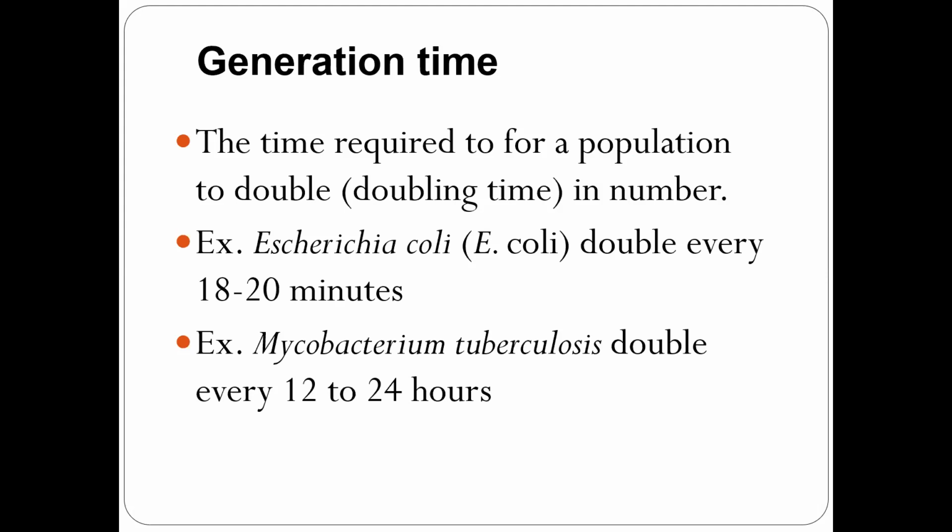But some bacteria, like we mentioned, Mycobacterium tuberculosis, have a very long doubling time. It takes 12 to 24 hours. This is the reason why, to identify Mycobacterium tuberculosis, we use the acid-fast stain for identification instead of waiting for a couple of days.